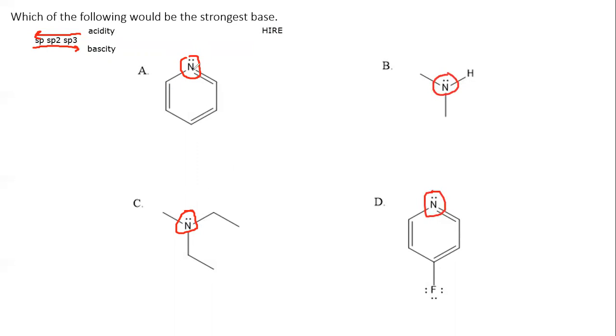So you look at the nitrogen here, it's sp2. Here it's sp3. Here it's sp2. Remember, you count double bonds as one group. And here we have sp3.